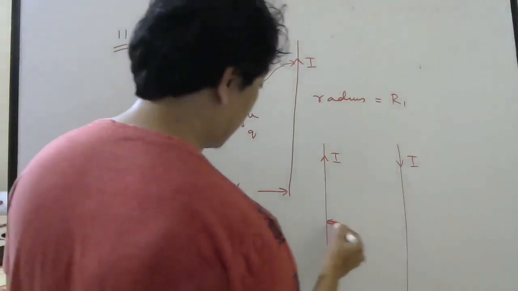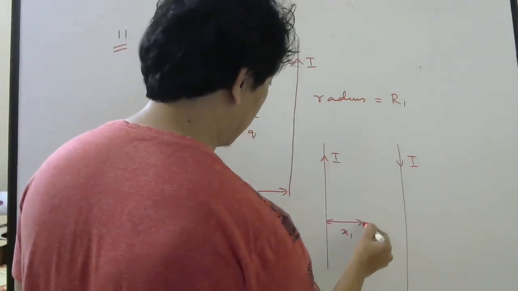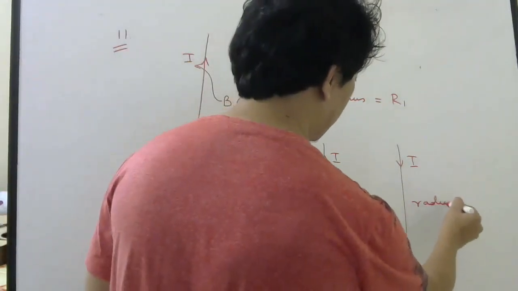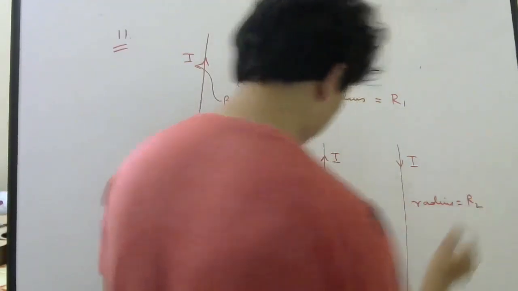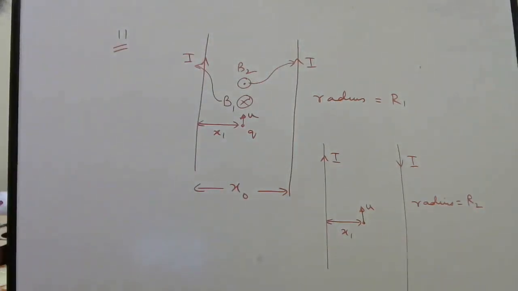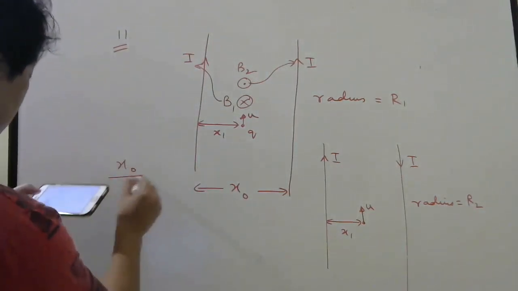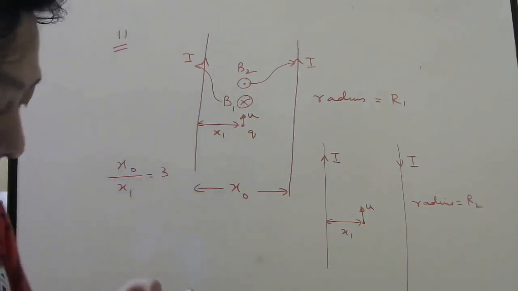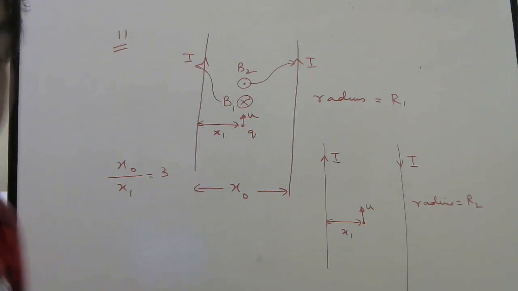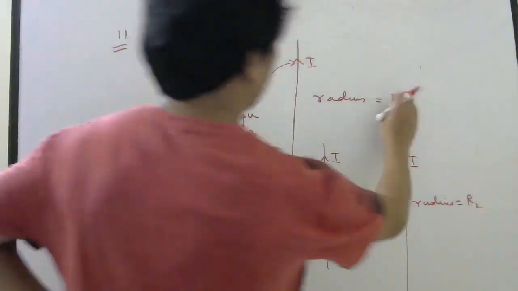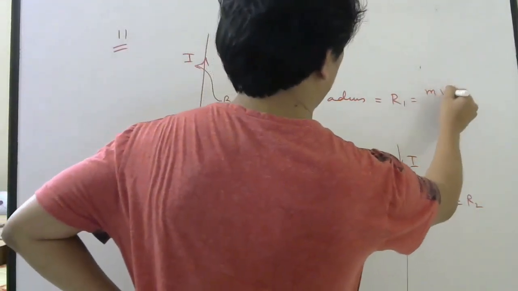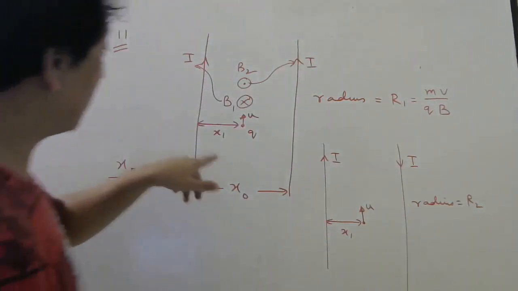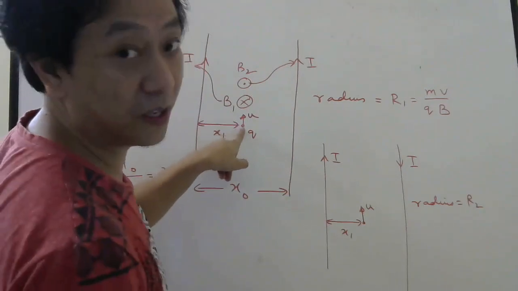So at the same distance x1, when this charge is moving with speed u, the radius of curvature is r2. If x naught by x1 is 3, find the value of r1 by r2. Very simple. What is the formula for radius? mv by qB, right? Under what magnetic field is it moving when it is here? When it is here, what is the magnetic field?